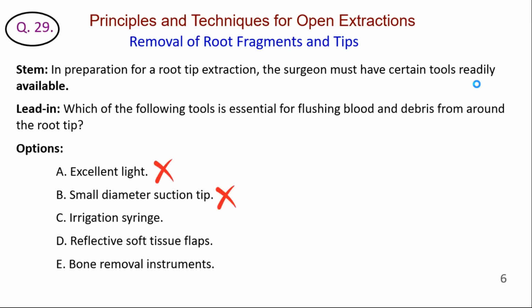Important for suction but not specifically for flushing blood and debris. Essential for flushing blood and debris from around the root tip. Not related to flushing blood and debris. Used in surgical techniques, not for flushing blood and debris. An irrigation syringe is crucial for flushing blood and debris from around the root tip, ensuring the surgeon can clearly see the area.